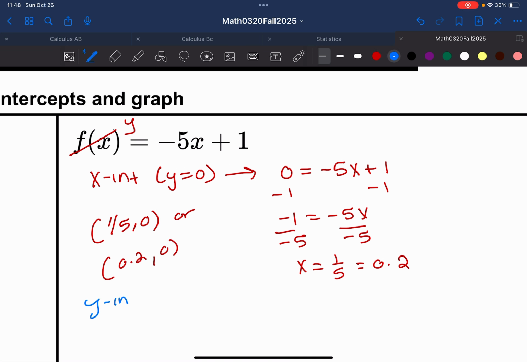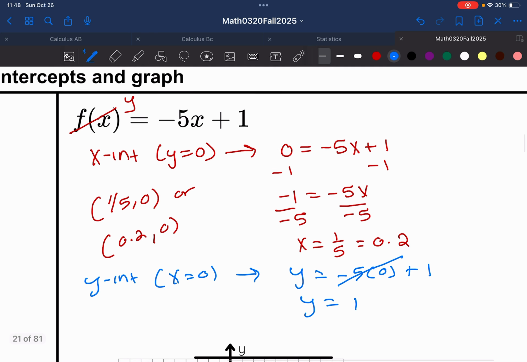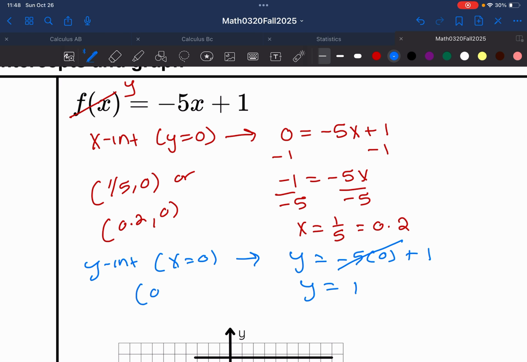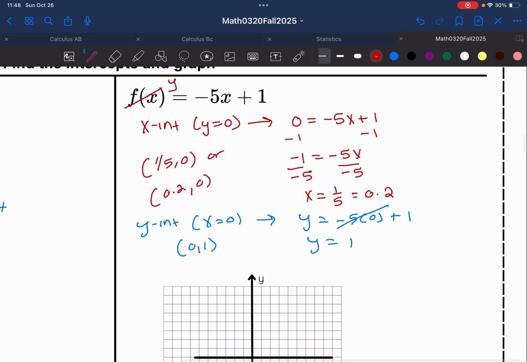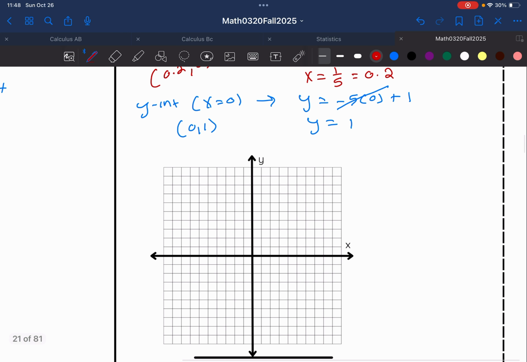My y-intercept is when x is equal to 0. So I do y is equal to negative 5 times 0 plus 1. This cancels out, so y is equal to 1. So then I have 0, positive 1. So then I plot those 2 points. 0.2, 0, so it's going to be somewhere over here. 0, positive 1, somewhere over here.